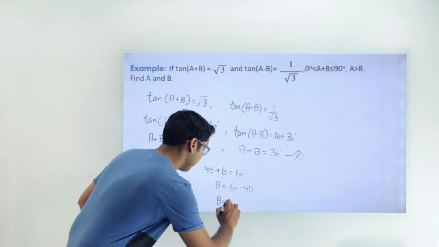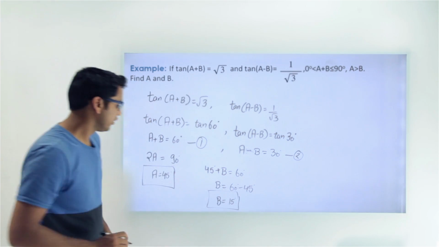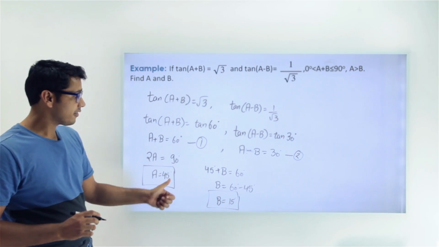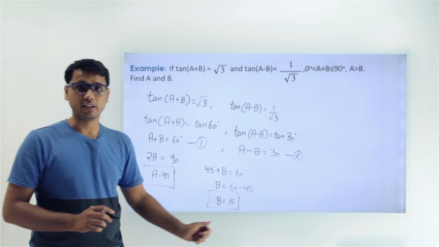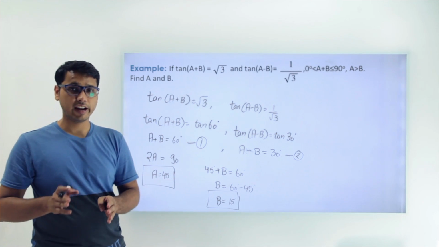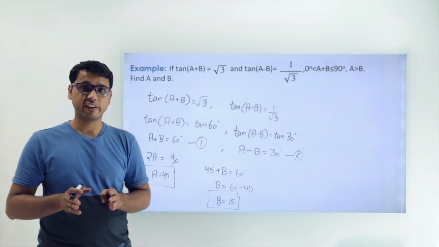Finally, the value of b will be 15 degrees. So we have calculated the value of a to be 45 degrees and b to be 15 degrees. These types of examples we get in trigonometric ratios of specific angles.